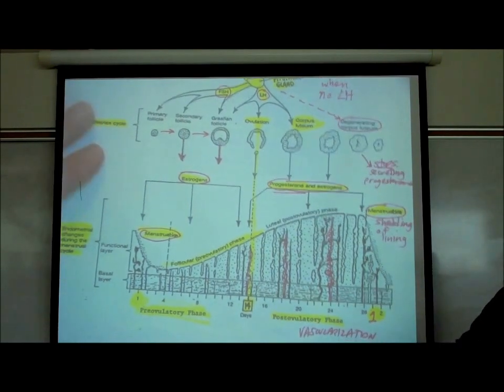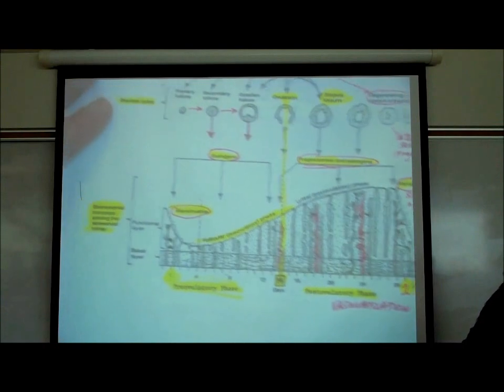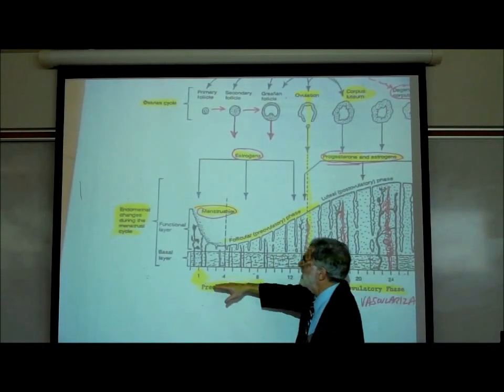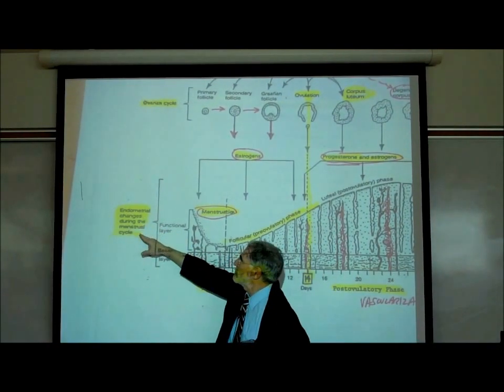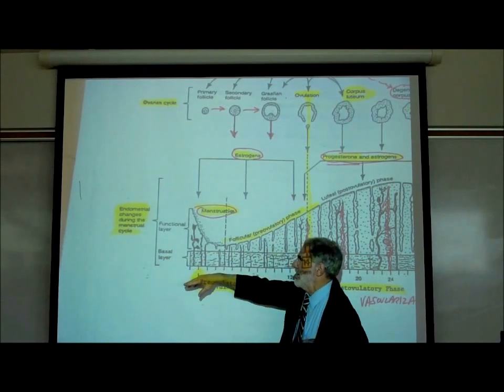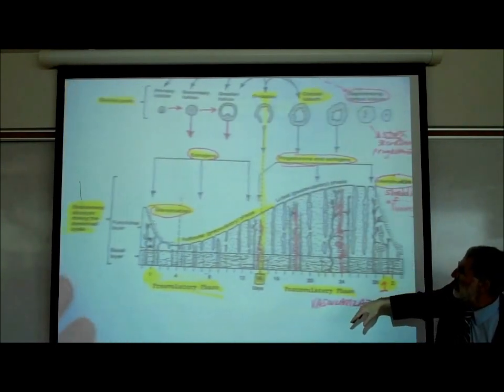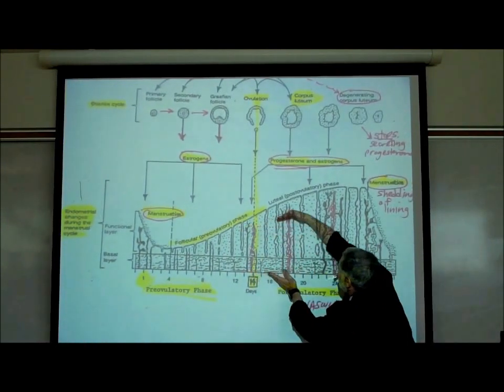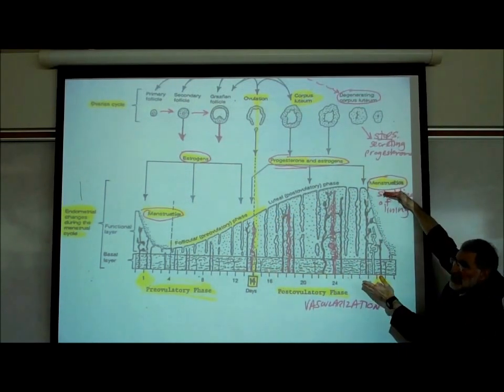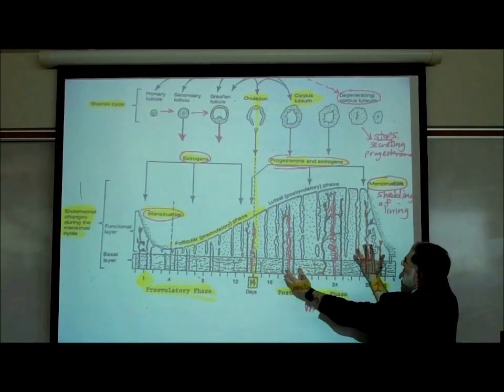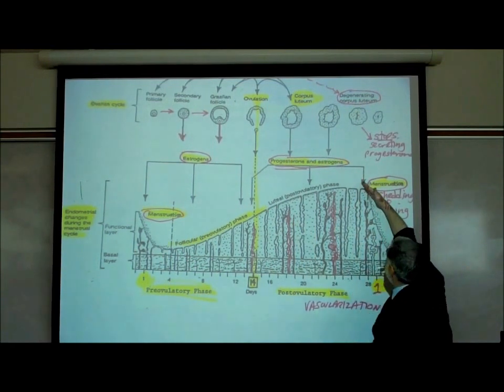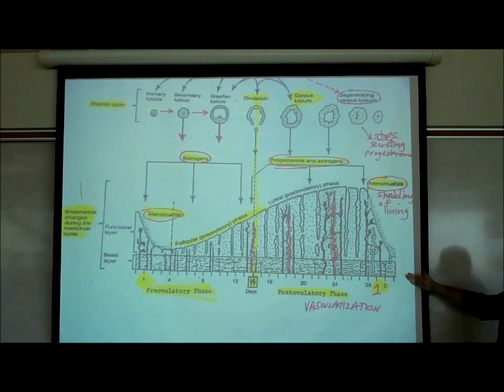Now, what this is showing at the bottom, and it says it right here on the left, is it's labeled endometrial changes during the menstrual cycle. This is showing the relative thickening of the endometrial lining. And it thickens and grows blood vessels, and then notice what happens here, it sheds.